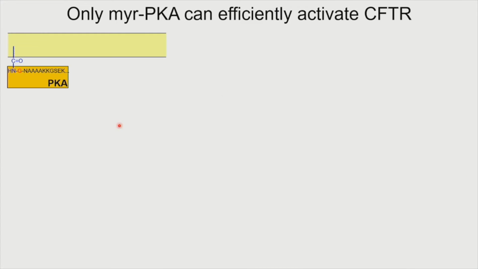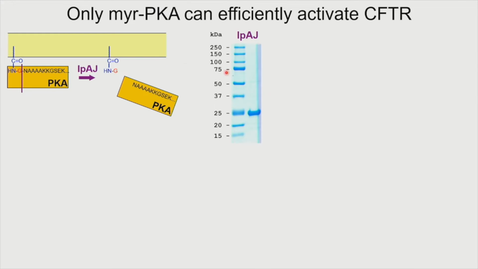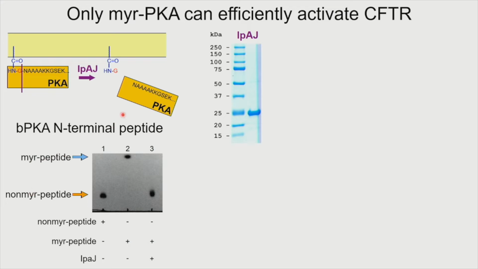There is a bacterial cysteine protease, EPA-J, which is able to cleave off the N-terminal myristoyl glycine from myristoylated proteins. We expressed and purified EPA-J and first tested it on soluble peptides. We had two versions of the N-terminal peptide, the first 12 amino acids of the bovine PKA enzyme, synthesized in a myristoylated and a non-myristoylated form.